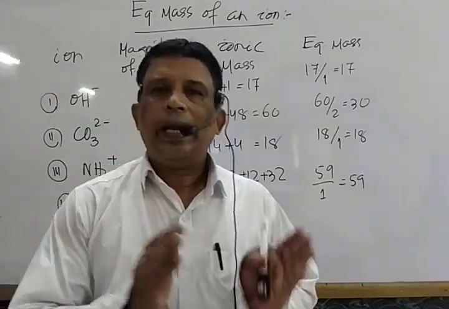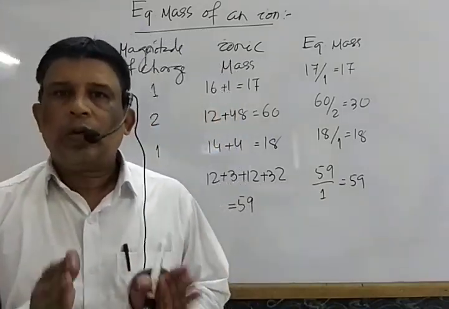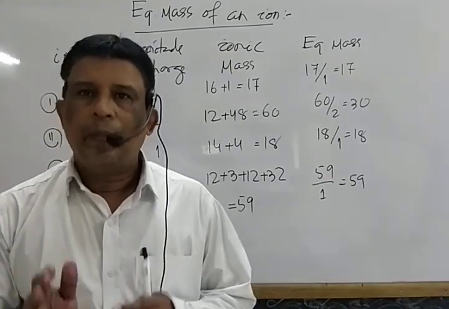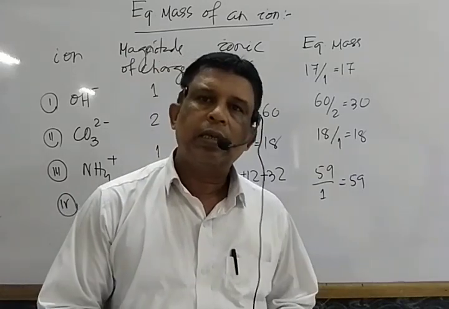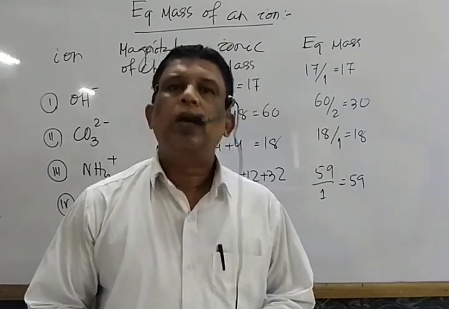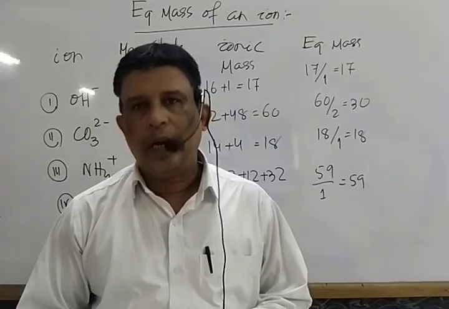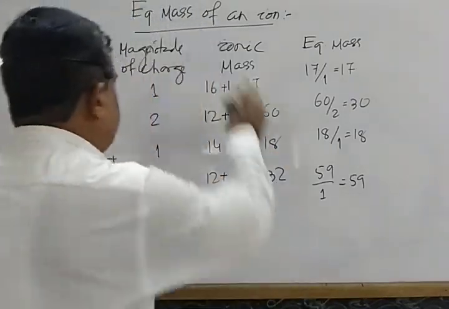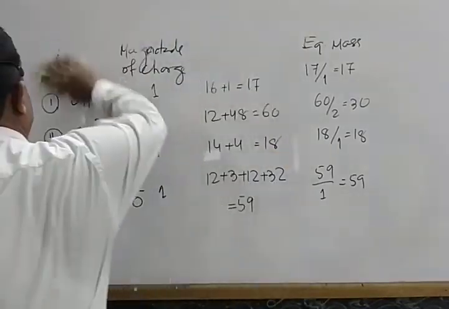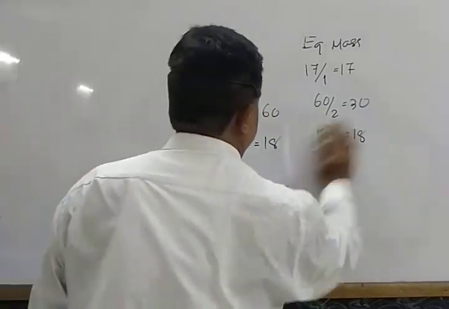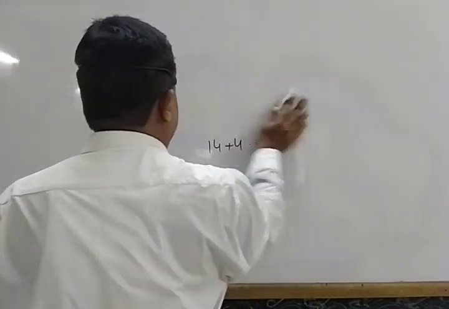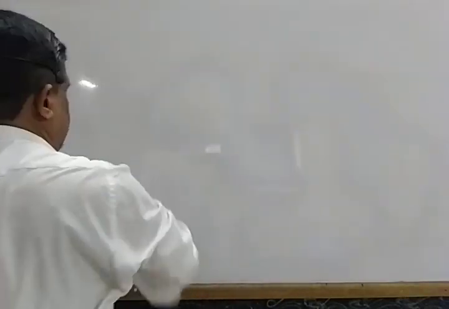Already we covered how to calculate the equivalent mass of an acid, base, salt and ion. Besides this, another 2 to 3 methods are there for calculating equivalent mass of a metal.